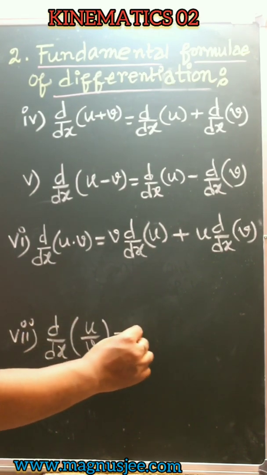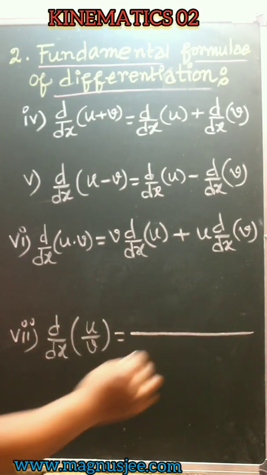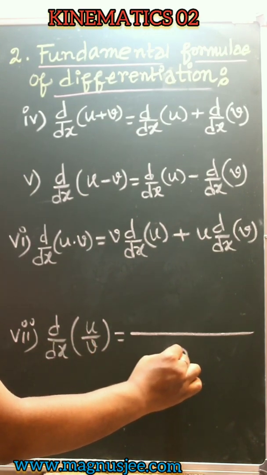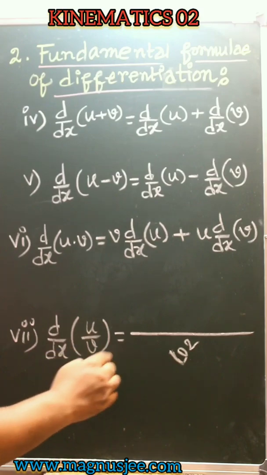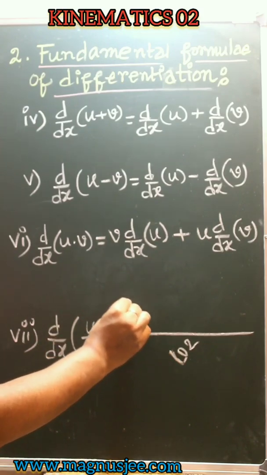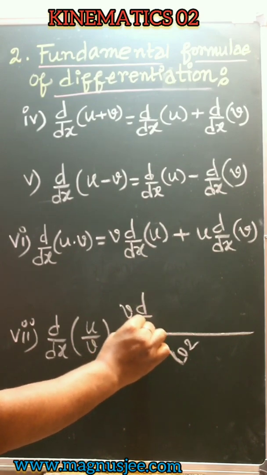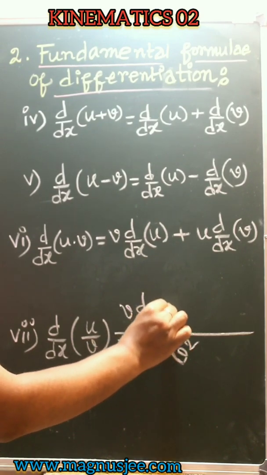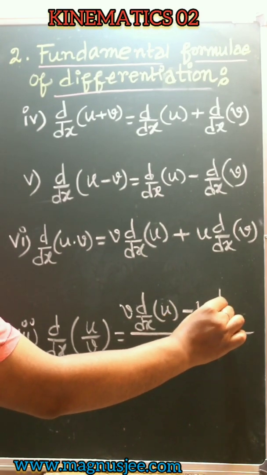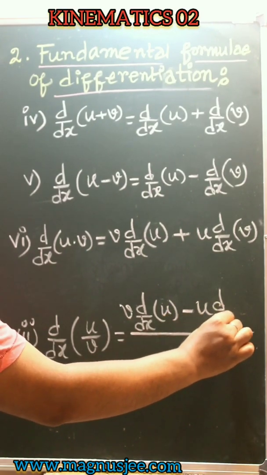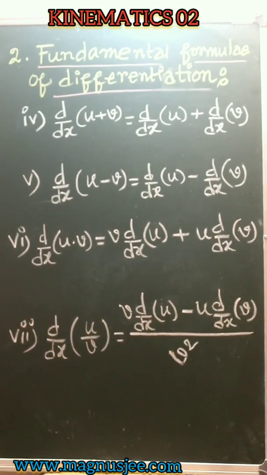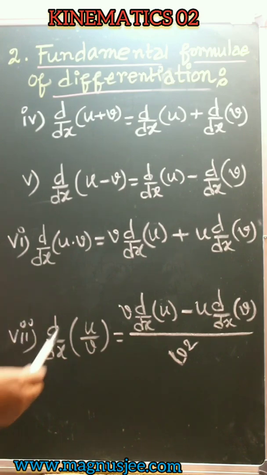Now ddx of u by v. V is the second variable. In the denominator we should write the square of second variable, means v square. So whole should be divided by v square. Then v ddx of u minus u ddx of v. Same as ddx of u dot v in the numerator, but in place of plus we have minus. That means v ddx of u minus u ddx of v whole divided by v square.